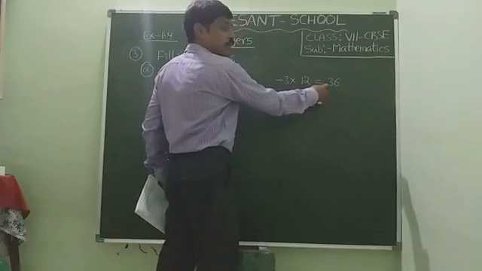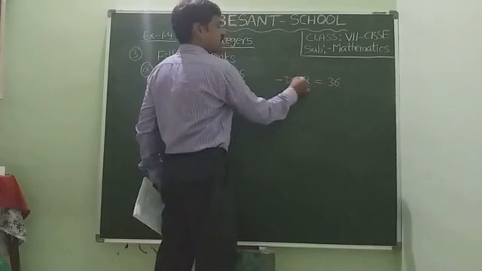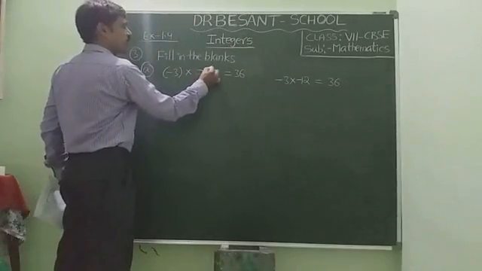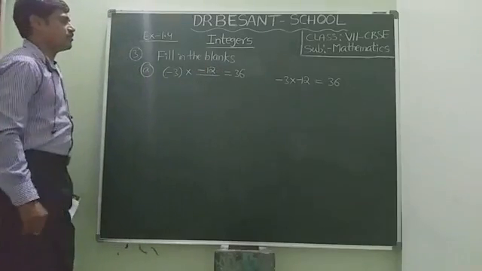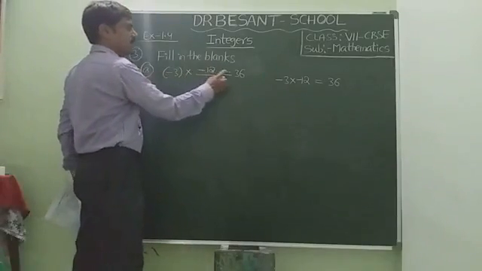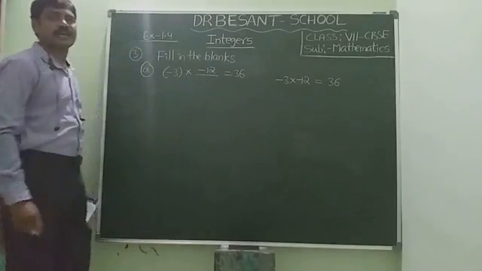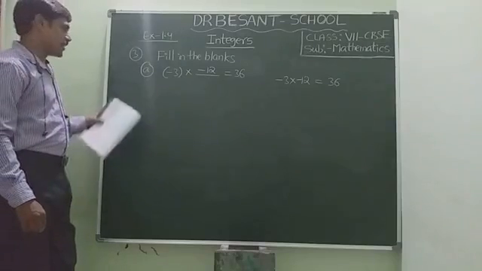So this is plus 36. That's why minus into minus is plus. So minus 3 into minus 12. Why? Because minus into minus is plus, 3 twelves are 36. So what is the correct answer? Minus 12 is the correct answer.